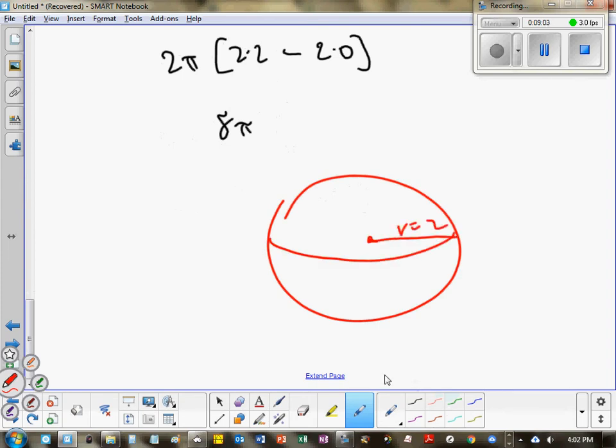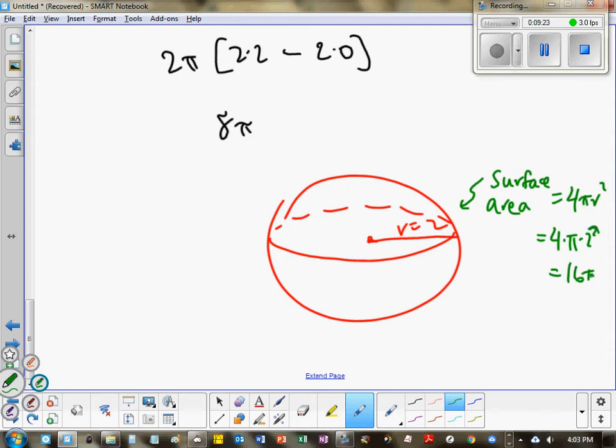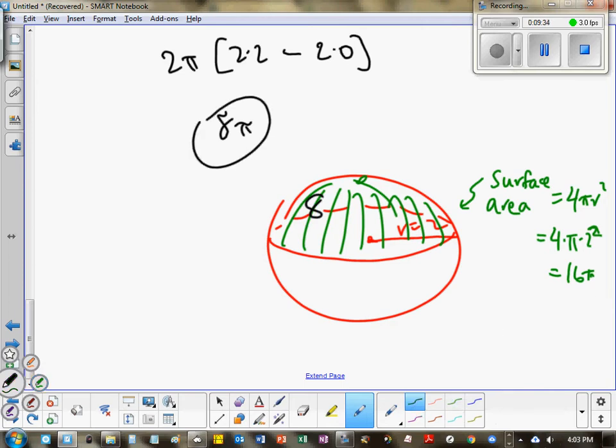And basically, we know from geometry class years ago that the surface area of a sphere is 4 pi r squared. So technically it would be 4 times pi times 2 squared, which is 16 pi, right? But then we are only looking at the top half on this particular problem, right? So the top half does have area 8 pi, which is exactly what we got, right?